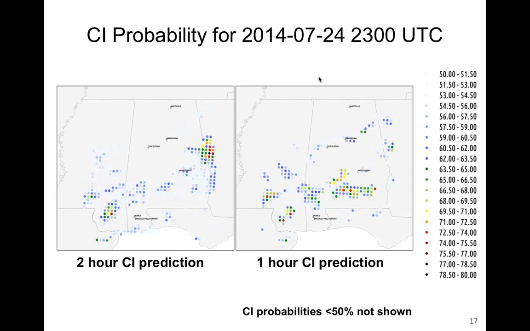Now in the 1 to 4 hour, we do take some forecast information from the RAP model, so we're trying to anticipate a little bit into the future, as well as some trend information of the current cloud information. So it's a combination of localized predictors and maybe non-local predictors.